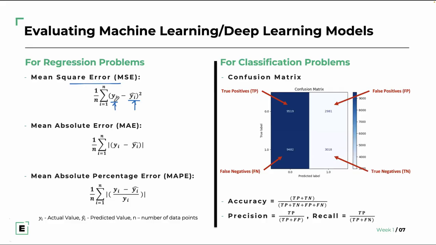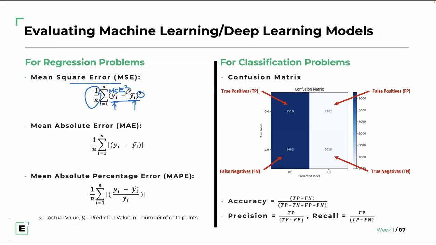So this is the error. And when I do a square, this becomes error square. And when I find a mean of this, it becomes mean square error. So that's how it becomes mean square error.